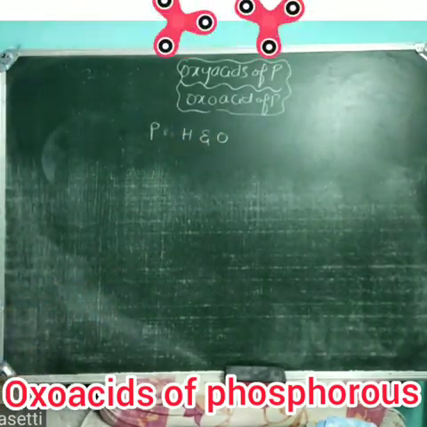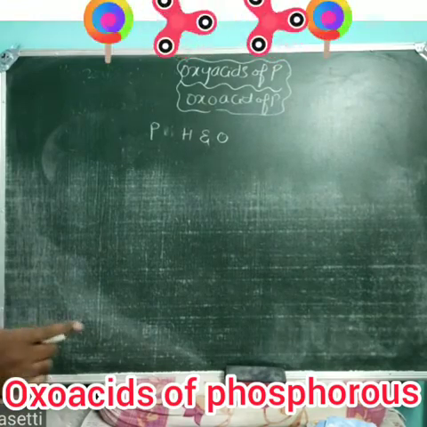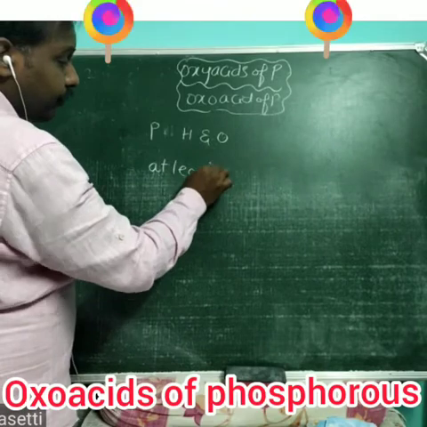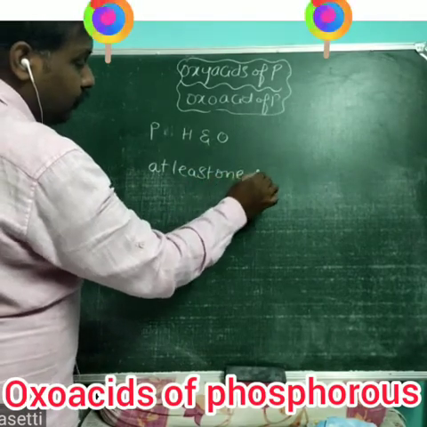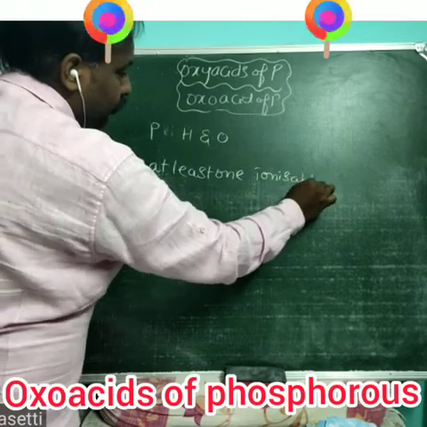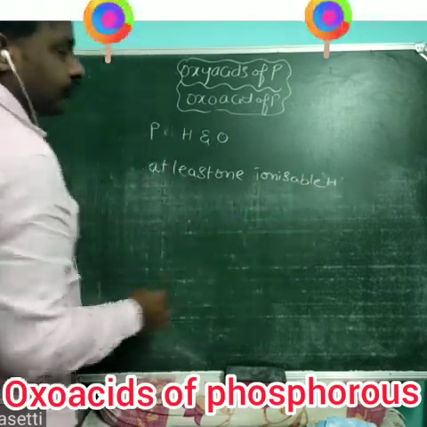Oxyacids or oxoacids are those which contain at least one ionizable hydrogen.